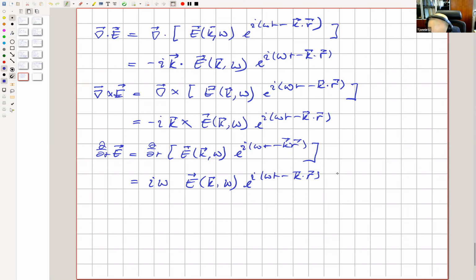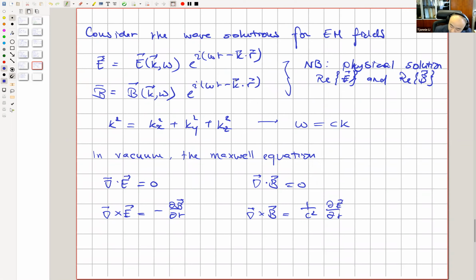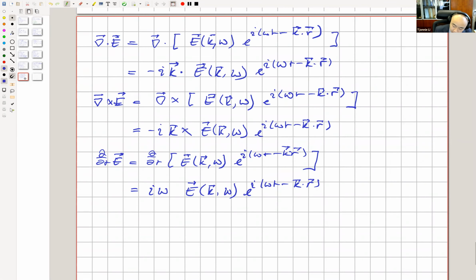Okay, so we now have the divergence of E, the curl of E, and the partial derivative with respect to t of E. I can do exactly the same for B. B is again given by the exact same structure, so B and E follow the same parallels.